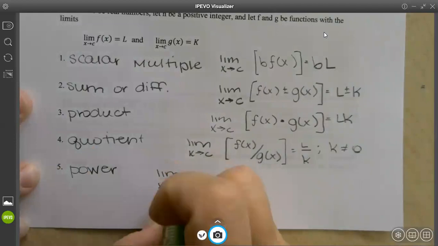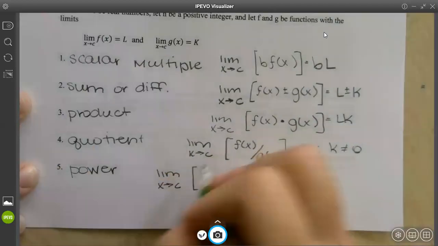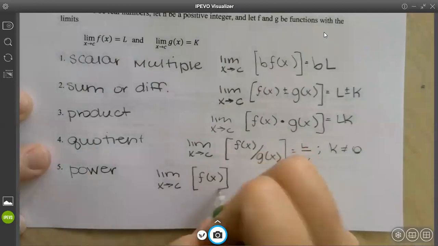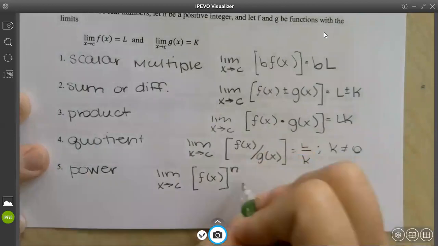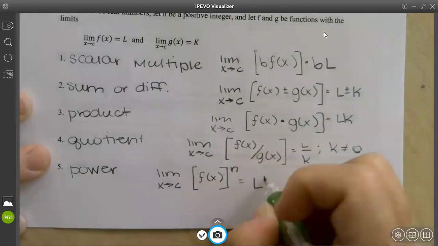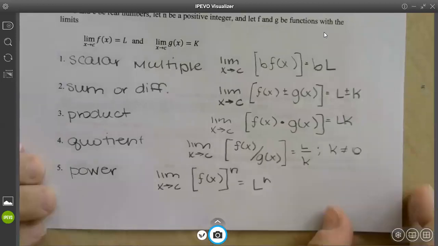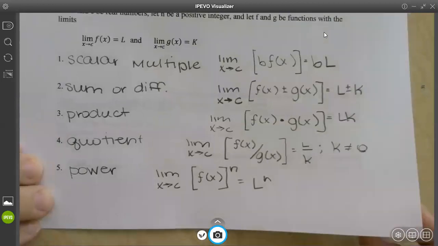The limit as x approaches c of f of x to the nth power is equal to that limit to the nth power. Very good.